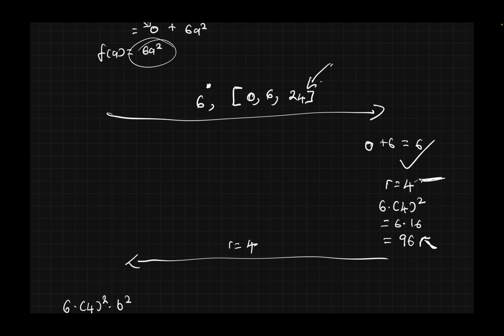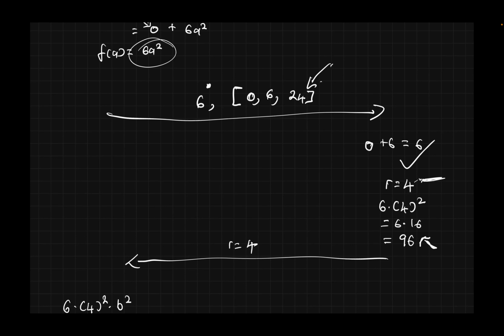So another thing you could do is, instead of the prover sending 0, 6, 24, the prover could send the univariate poly directly. The prover will do the interpolation on its own end and then send you the univariate poly.